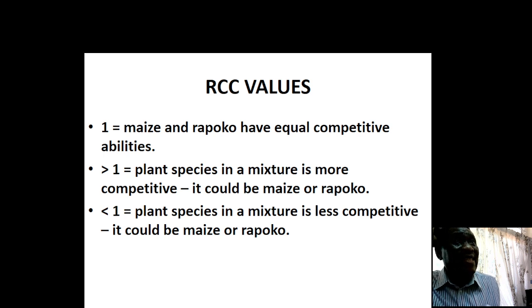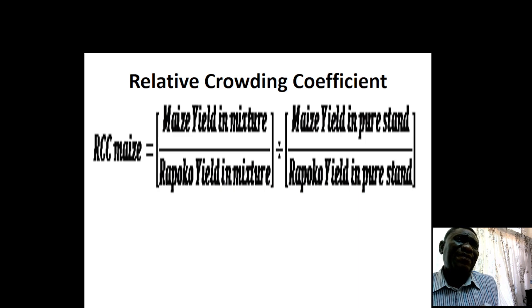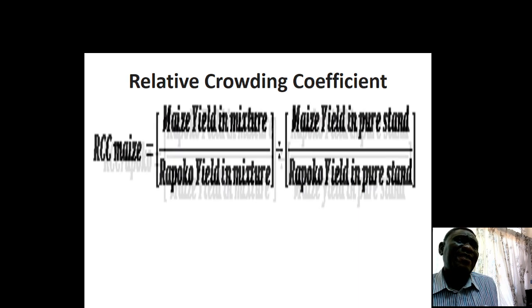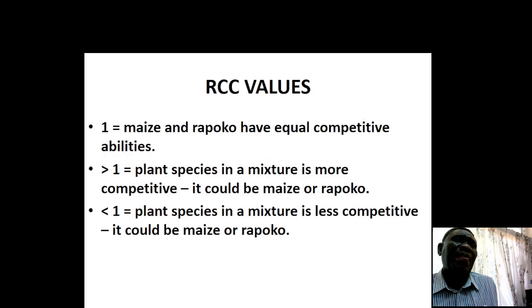Now for these RCC values, relative crowding coefficient, that is what we call RCC. If it is 1, it means maize and rapoko have equal competitive abilities.